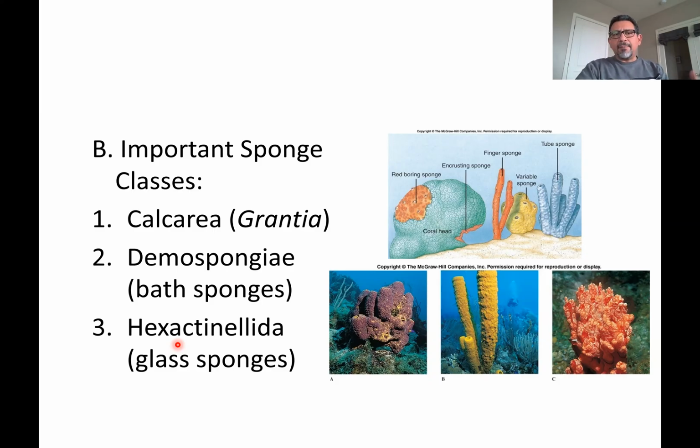So hexa means 6. Hexactinellid sponges often have spicules with 6 spikes or 6 points. And so these are three of the classes we can recognize in the Phylum Porifera. There are going to be more details about the sponges you will be learning about in lab.